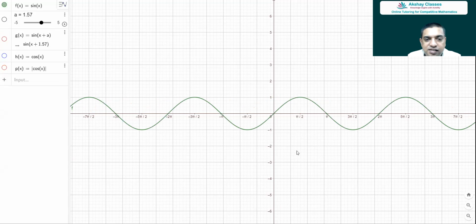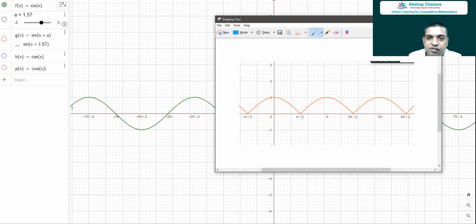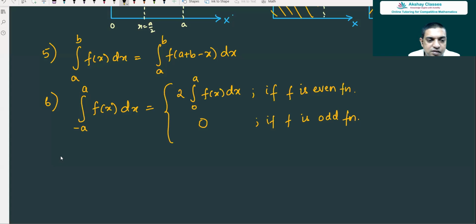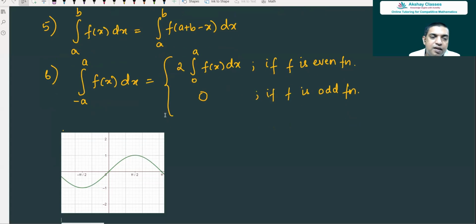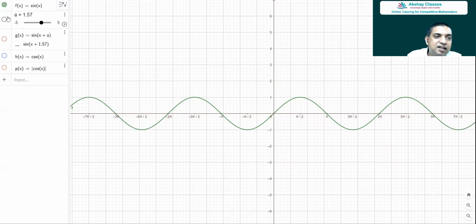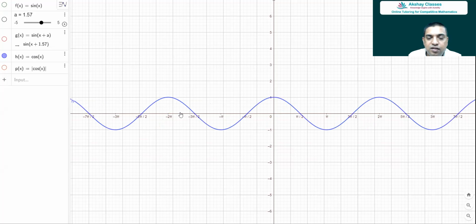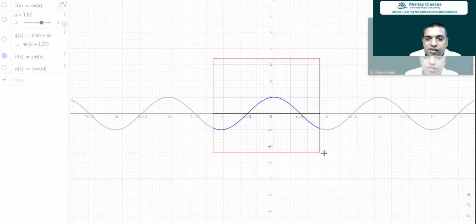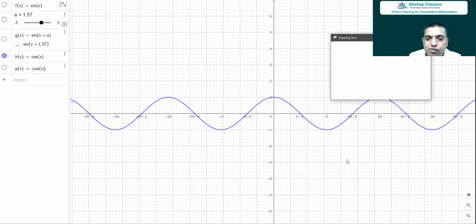So let's look at sin x, say from minus pi by 2 to pi by 2. We'll look into that as an example. And then we will also look into cos x, because cos x is an even function, sin x is an odd function. So let's look at that, from minus pi by 2 to pi by 2.